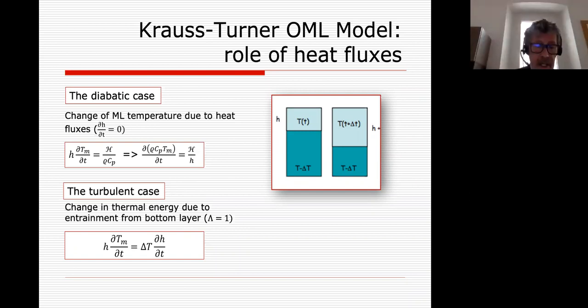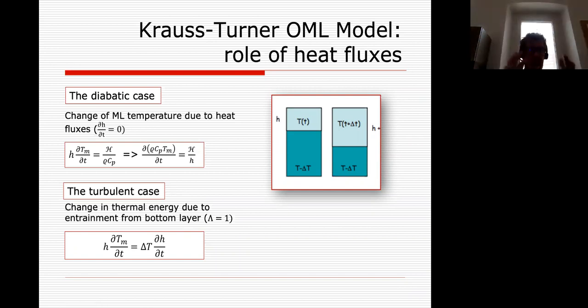And in the other case, we can have another simplified equation where only entrainment takes place. Again, we see that the changes in the temperature all over the mixed layer are due to the changes in depth, multiplied by the temperature jump at the base of the mixed layer.